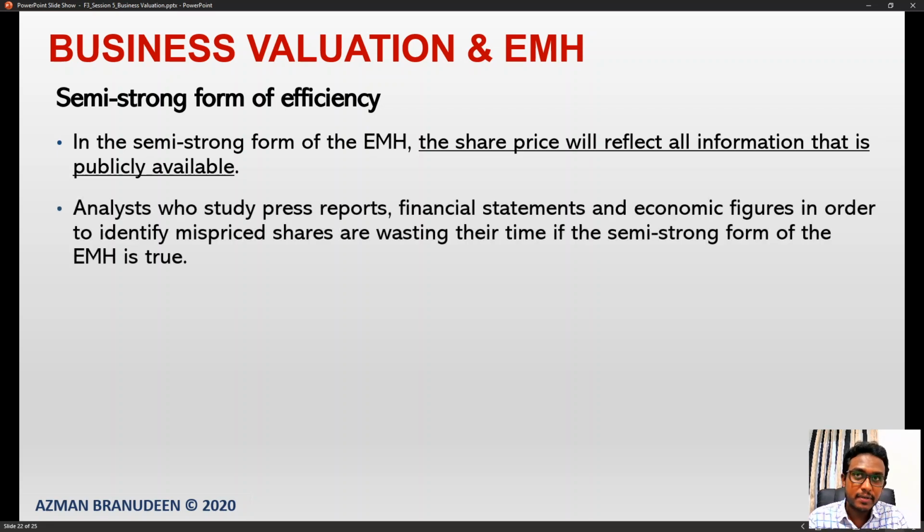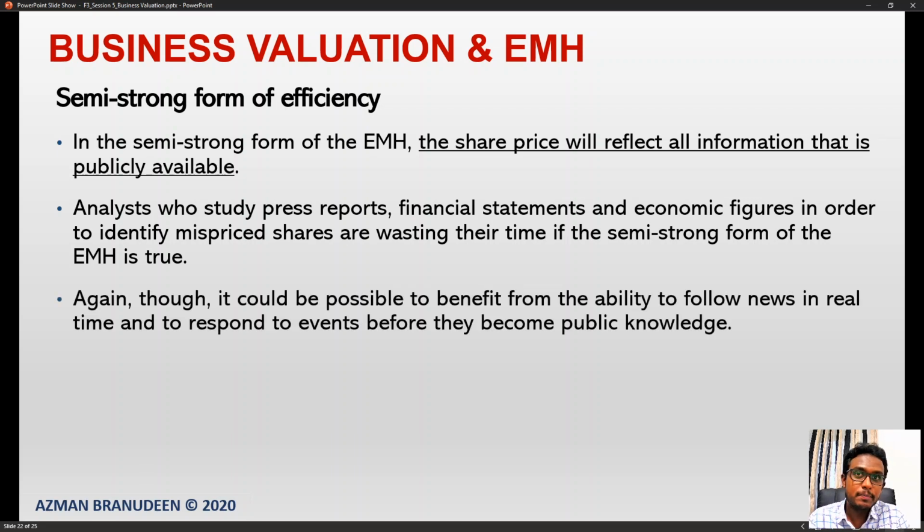Analysts who study press reports, financial statements, and economic figures in order to identify mispriced shares are wasting their time if the semi-strong form of the EMH is true, because the share price is already reflecting all the information that is publicly available. Which doesn't happen, or else, because I used to be a former analyst, that would make my entire job invalid.